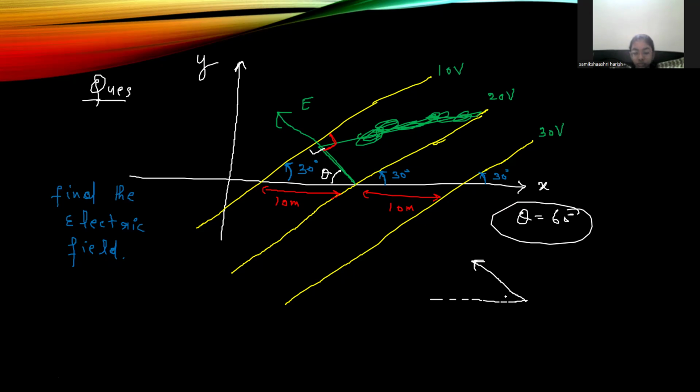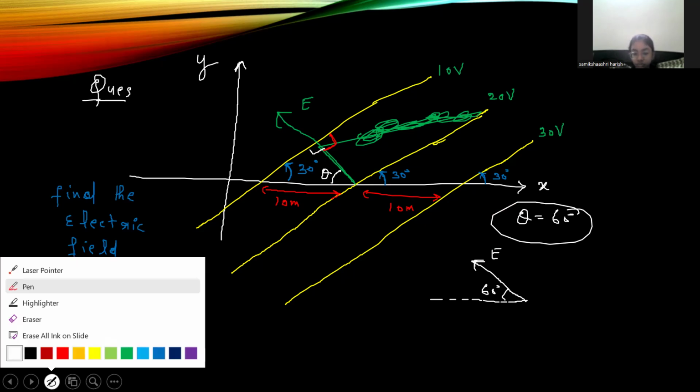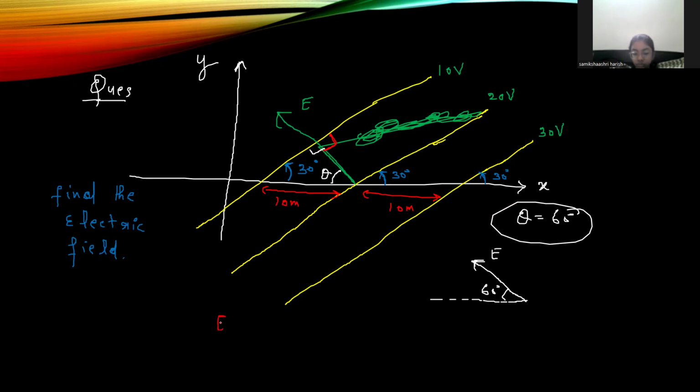Let us suppose the magnitude of electric field is E. So the electric field is E cos 60, direction minus i cap, and E sin 60, direction plus j cap.